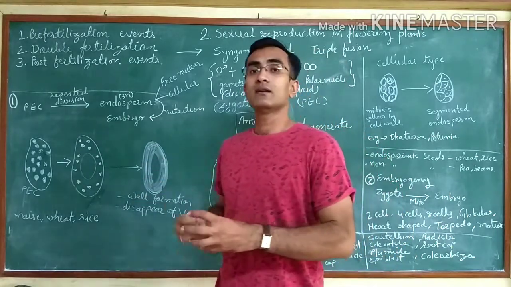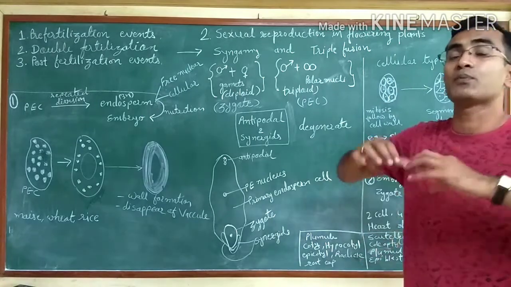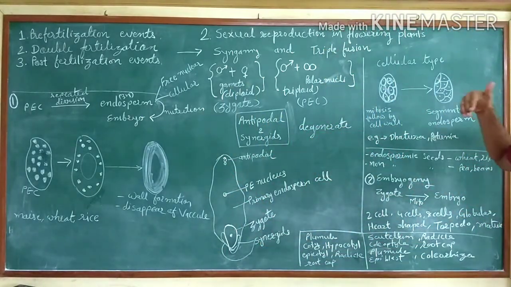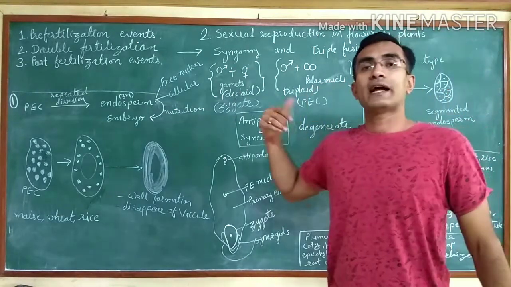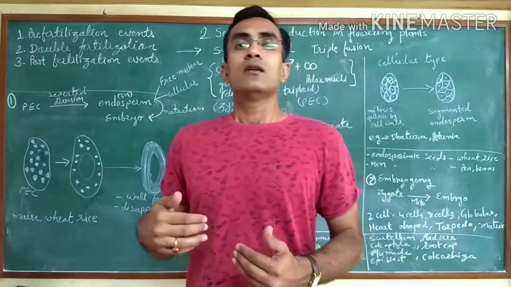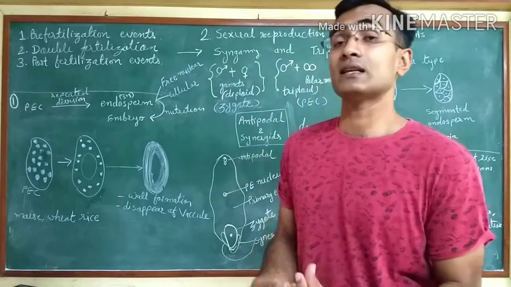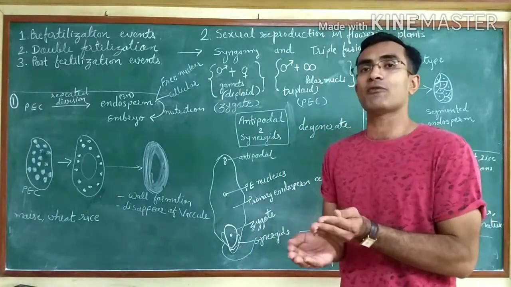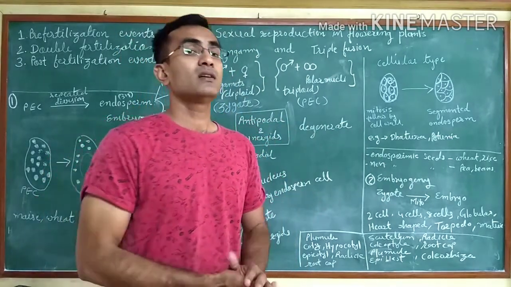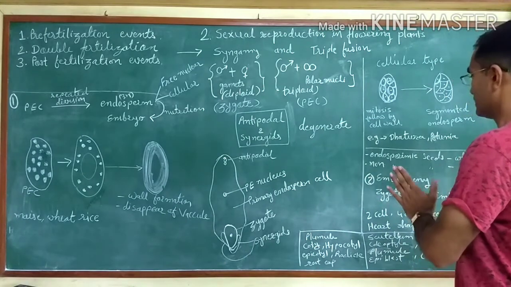Those endospermic cells which were pushed apart will again start forming the cellular type of endosperm division. So in a completely mature coconut, the free nucleated endosperm which was present in the tender coconut in liquid form will get utilized during the germination of the seed. Okay, hope you understand till this.